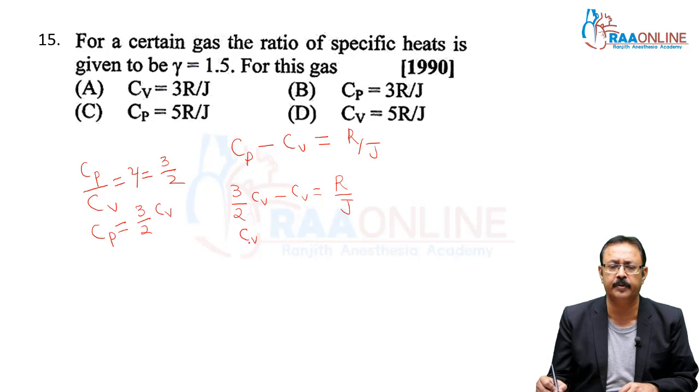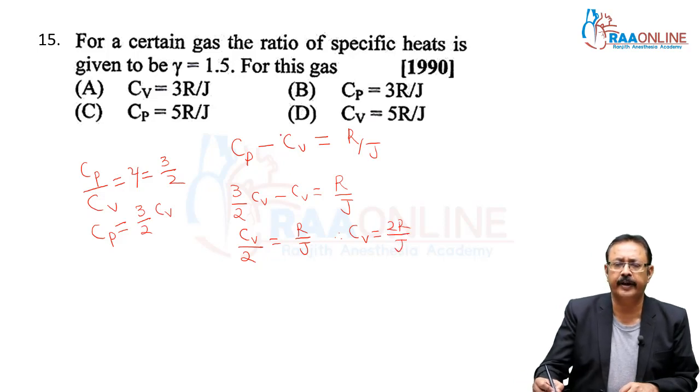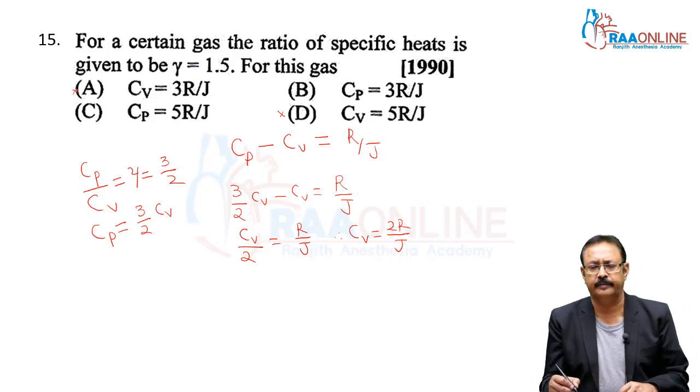So Cv by 2 is R by J. So for this gas or mixture of gases, Cv should be 2R by J, not 5R by J, not 3R by J. So these two options are wrong.